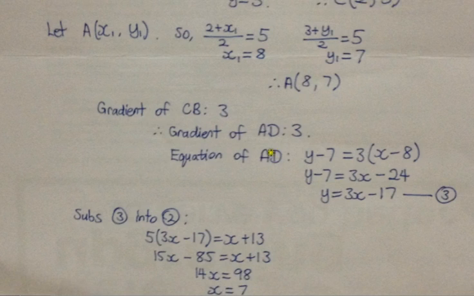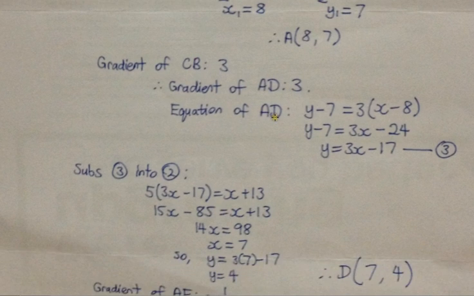The gradient of AD will be the same as the gradient of CB because they are parallel. So the equation of AD will be y minus the y coordinate of A, which we found earlier, 7, equals 3 times x minus 8. Simplifying, I'll get the equation of AD as y equals 3x minus 17.